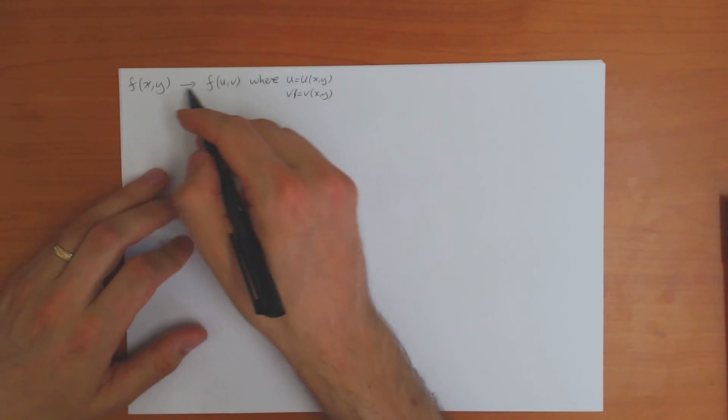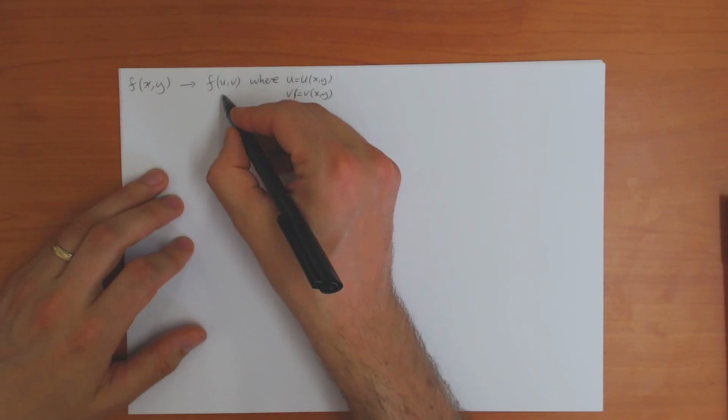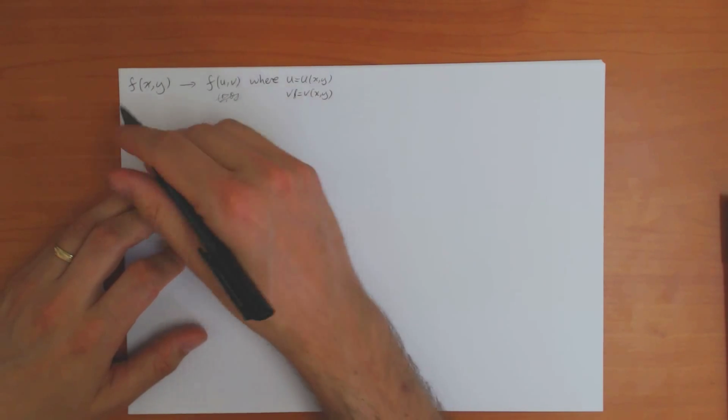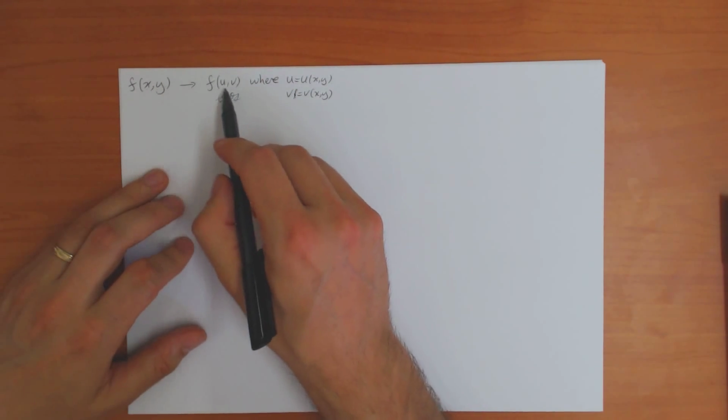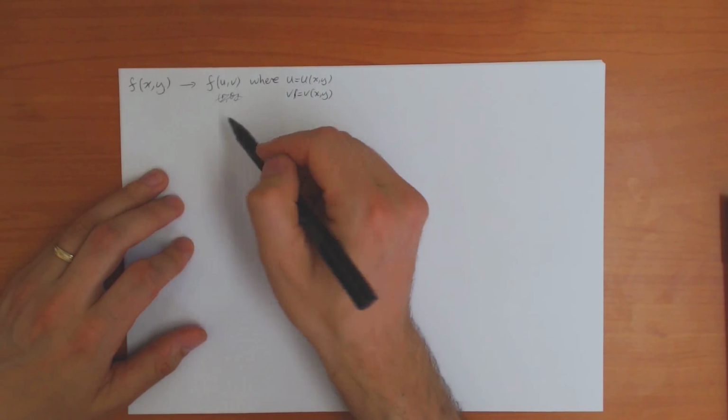The classic example of this is going from Cartesian coordinates into polar coordinates r, theta. But it doesn't have to be that. You can make any change of coordinates you like, provided that it can be inverted, and vice versa.